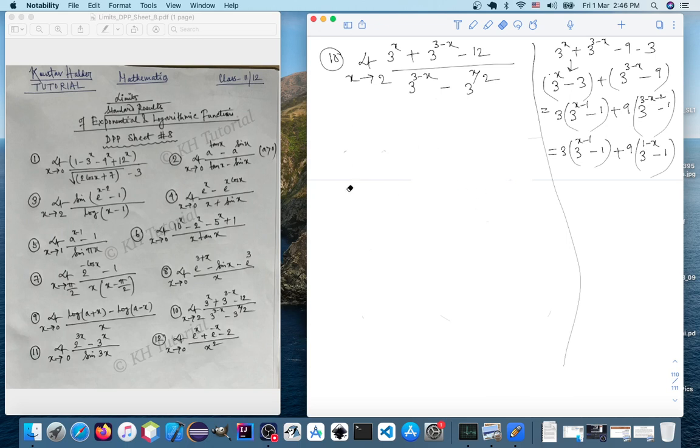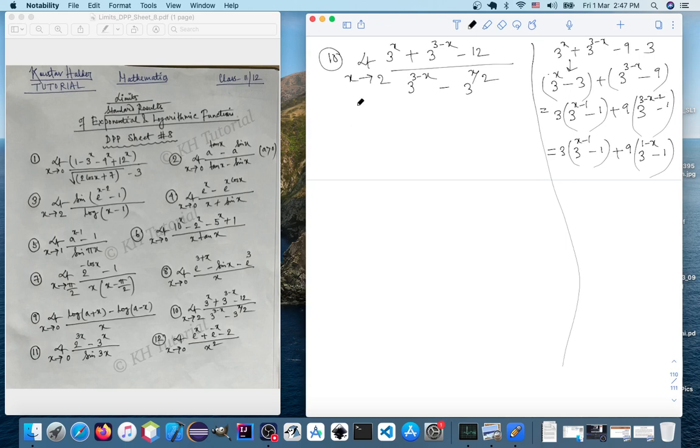So now, this is the limit. I've already done the work, so this thing is equal to this. So I will directly write 3 to the power 3x minus 1 plus 9 to the power 1 minus x. But 1 minus x will not help.